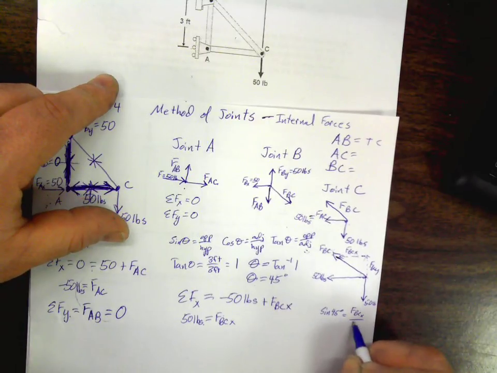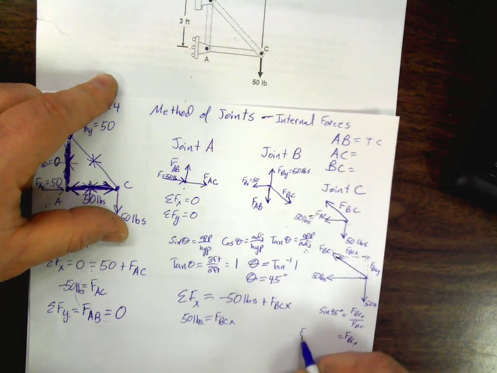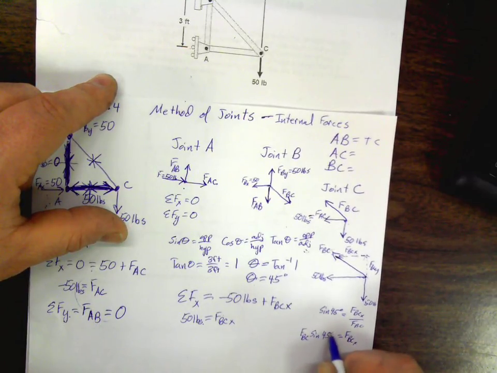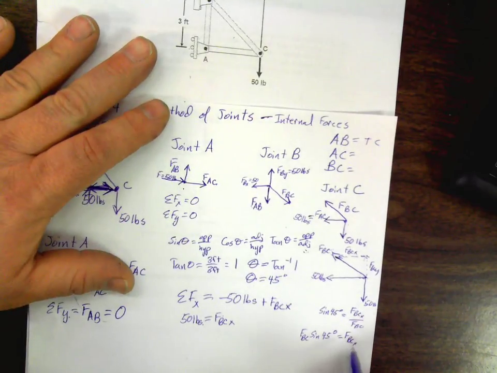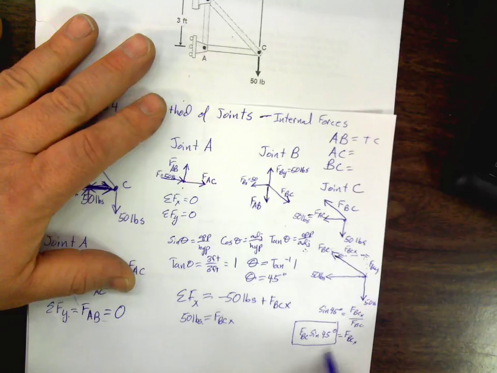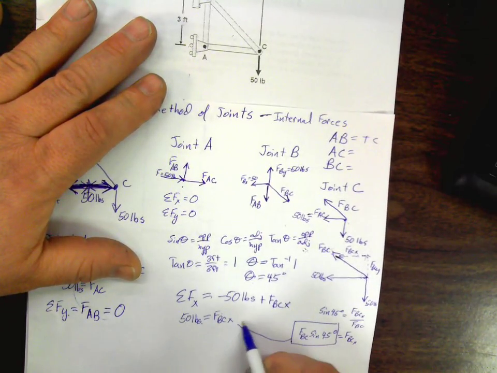So when we've got the sum of forces in the X here at joint B equals 0, that equals the force of BX, which is negative 50 pounds, going that way, so 50 pounds. And up here, let's break this down into our components.